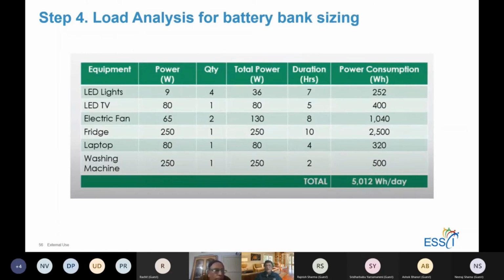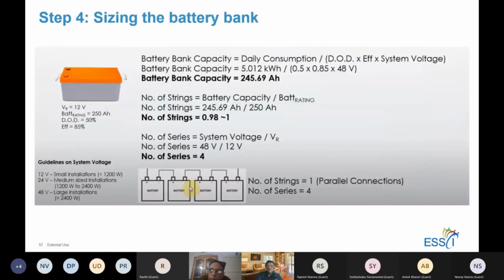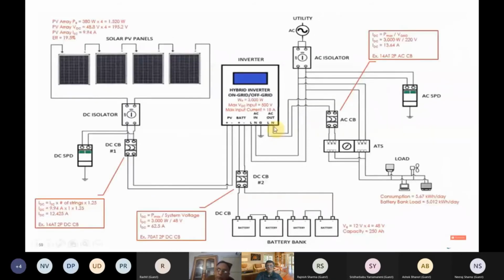You calculate your power consumption, and on that power consumption, you size your battery bank in a similar way. Then you are actually getting into your hybrid system design, and it's practically the same logic which is going to flow through.